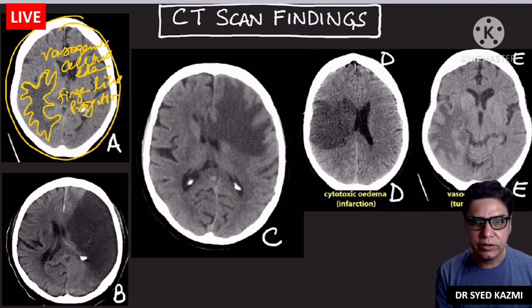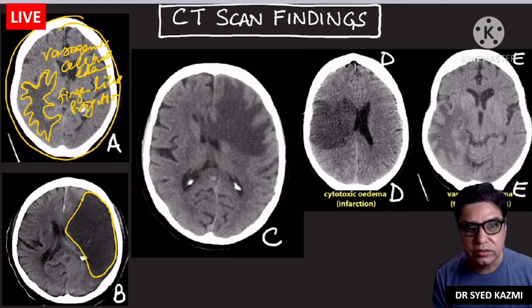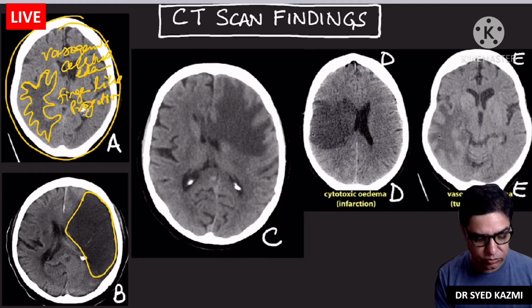Now compare it with figure B. In figure B, you see a wedge-shaped hypodensity which is extending to the periphery of the brain. So remember, if it is not finger-shaped but rather wedge-shaped and it is extending to the periphery, that means it's involving the gray matter, and to some extent also the white matter.